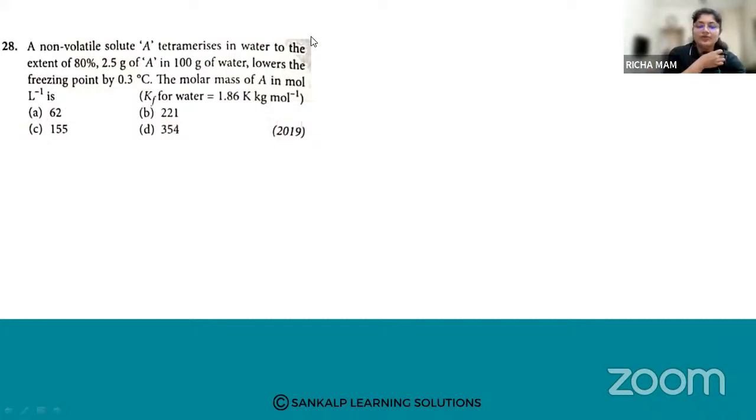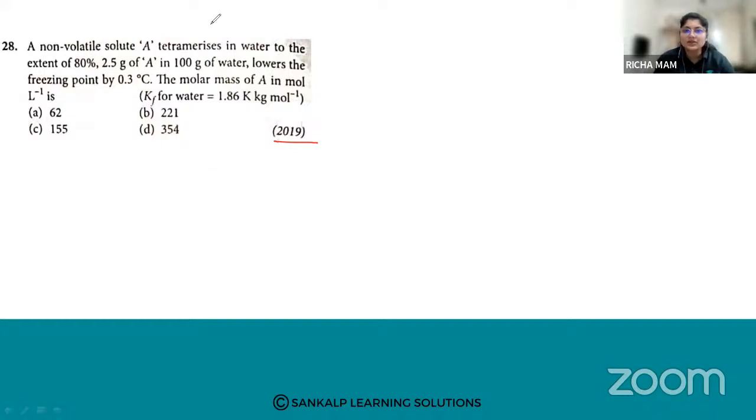So how are we going to solve this? These are the four options: A 62, B 221, C 155, and D 354. This was a question asked in 2019. So how are we going to do this problem?